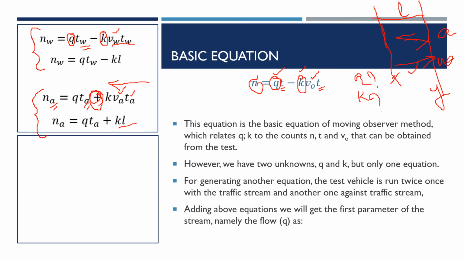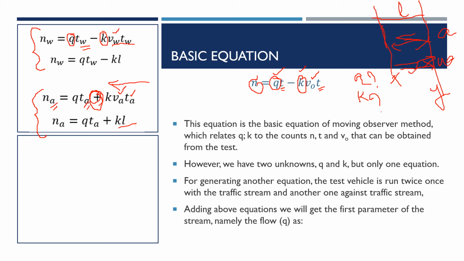Further, in this case all vehicles will be overtaking, because as it is moving with a negative speed, all the vehicles will be overtaking. So in other words, when the test vehicle moves in the opposing direction, we will be simply counting the number of vehicles in this direction. That is why NA is coming.